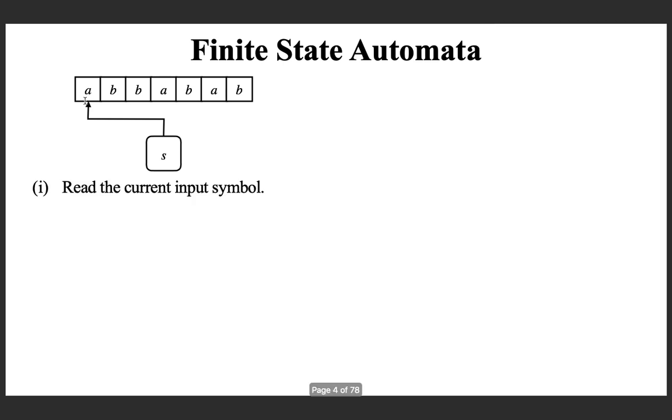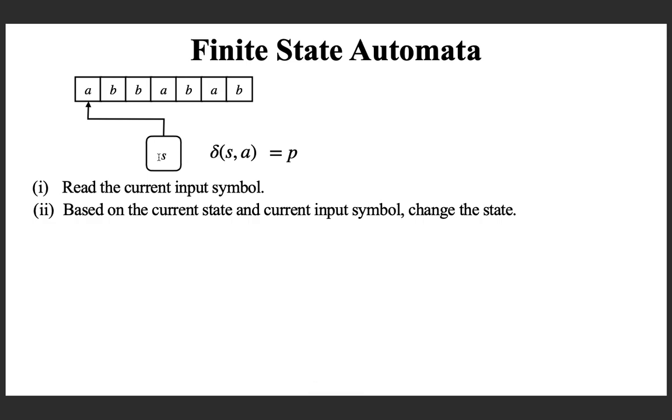And what is a transition? Read the current input symbol, which is a, then also look at the current state, and based on the current state and the current input symbol, change the state. That is a move or transition in a finite state automaton. In addition, as a part of the transition or move, the read head will be positioned to the next symbol.